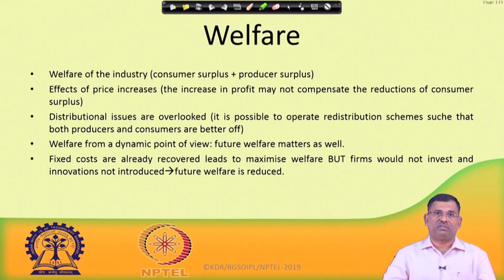It includes the consumer and at the same time the producer as well. And definitely the price increases, the difference in prices or monopolistic prices, is going to affect the consumers, and it is directly going to affect the market.